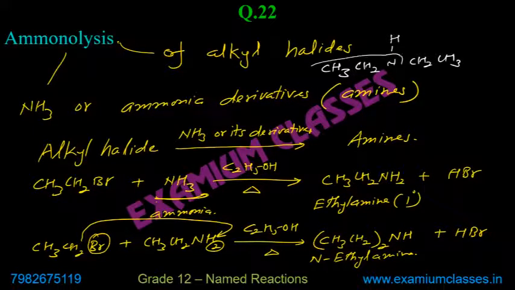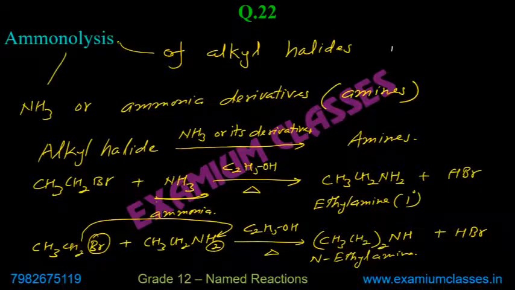So if this is the main chain, this ethyl group is attached to nitrogen. That's why it is written N-ethyl. After that, this is ethylamine, N-ethyl amine. N is written to indicate that the ethyl group is not attached to carbon, rather attached to nitrogen. Now this is 2-degree.